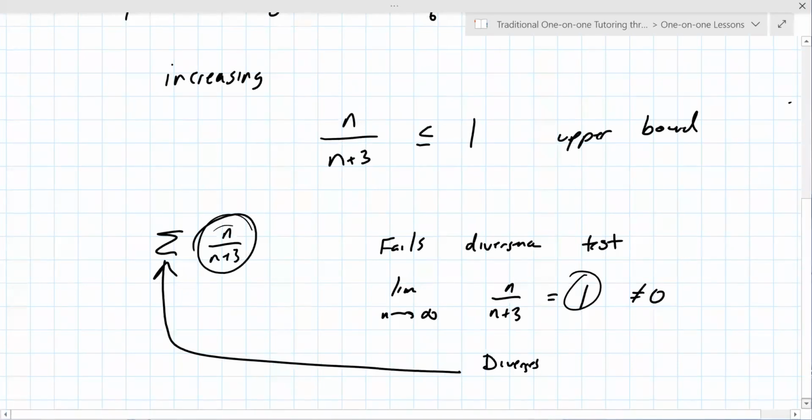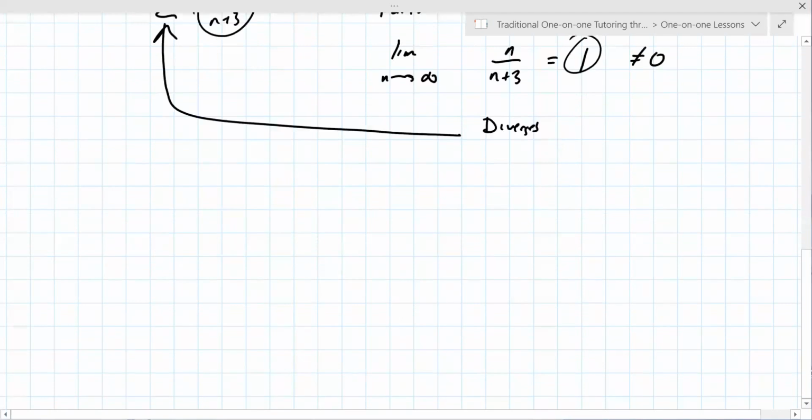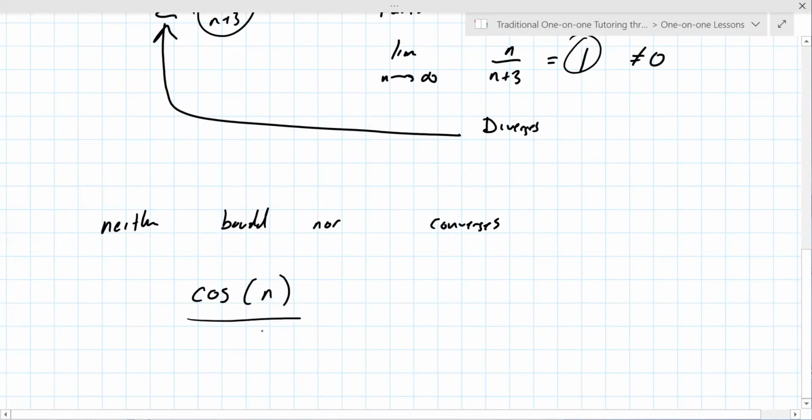Okay. So something that is neither bounded nor converges would be something like cosine of n over n. Well, that's not a good example.